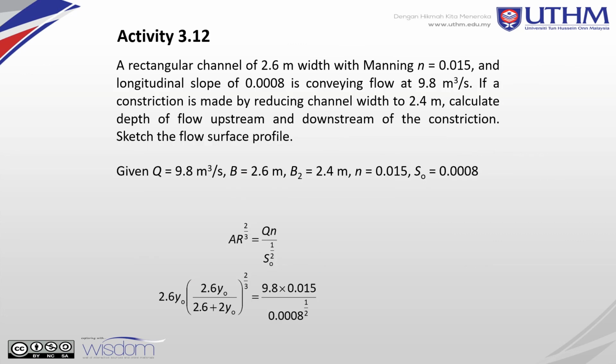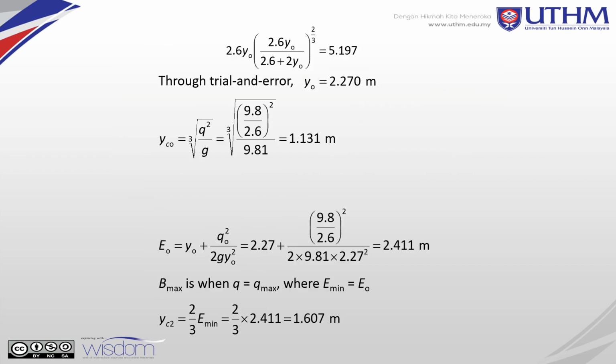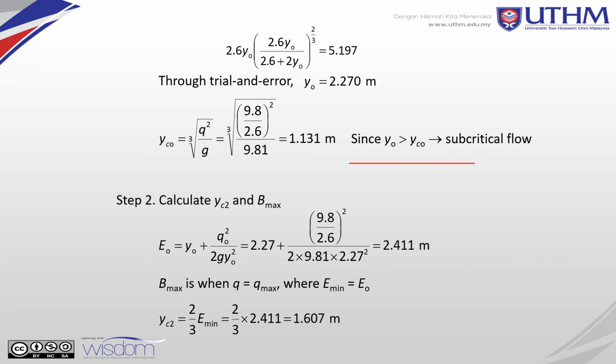This is activity 3.12. It's also the same: you must sketch the flow surface profile. First determine Y0 and YC0. Because this is a rectangular channel, you use the Manning equation. Put all the values here and use trial and error, so you get Y0 and YC0, giving subcritical flow.